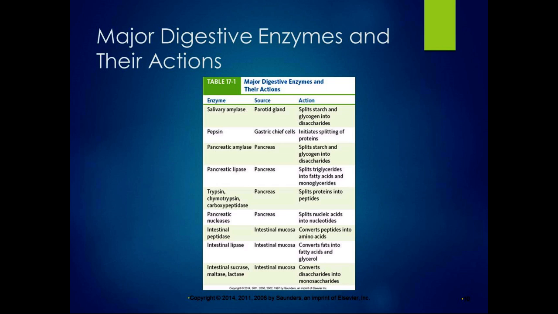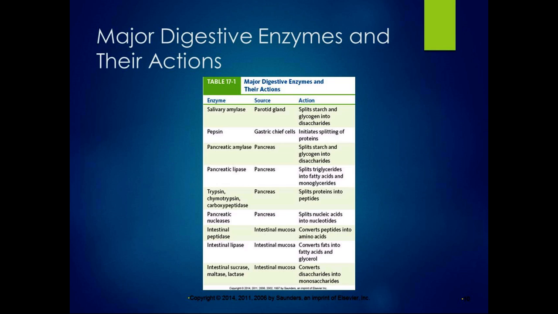So there's a chart in the book talking about the major digestive enzymes and what they digest and where they come from. So you can see a lot of them come from the pancreas, a few from the salivary glands and the gastric cells, and some from the intestinal mucosa.